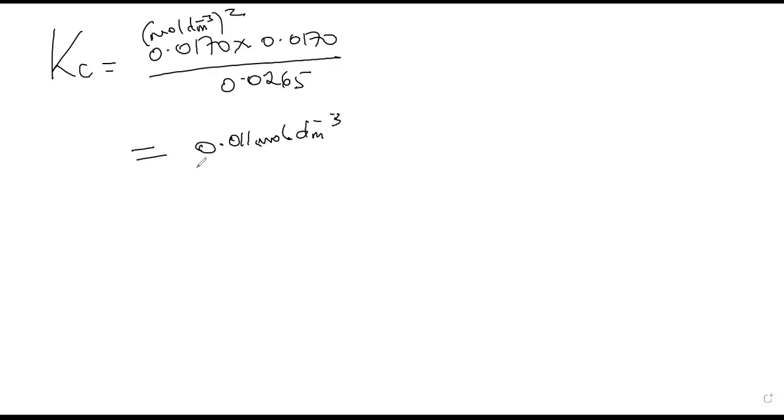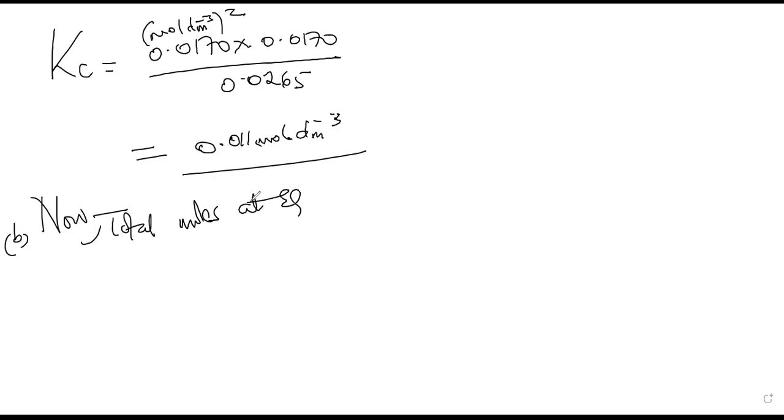Then to get the value of Kp, it means we need to first get the total moles at equilibrium, then we get the partial pressure of each component, then we substitute in the formula for Kp. Now, total moles at equilibrium, we shall add the moles of every component, 0.24421 plus 0.15679 plus 0.15679.